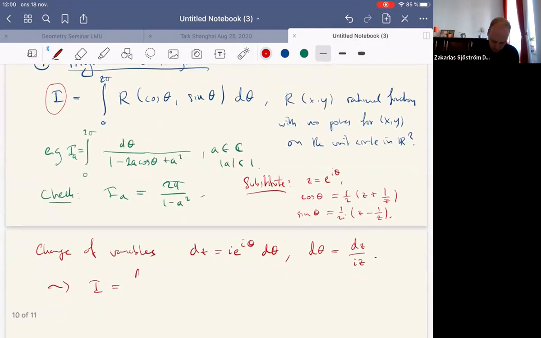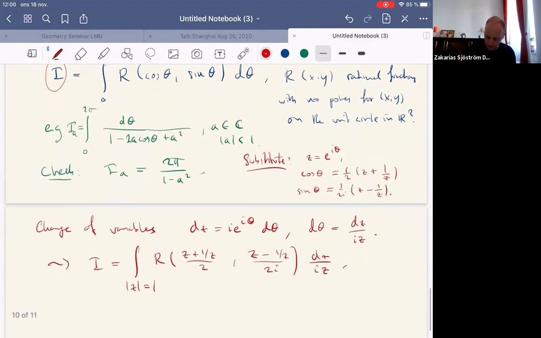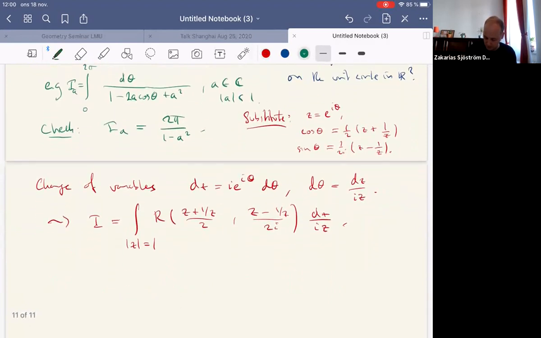So I would be equal to, then integrating, so we integrated theta from 0 to 2 pi, this is the same as integrating along the unit circle now, of this R of (z plus 1 over z)/2, (z minus 1 over z)/2i, dz over iz, and so here there is nothing else going on when integrating along this circle, and computing the poles and so on.